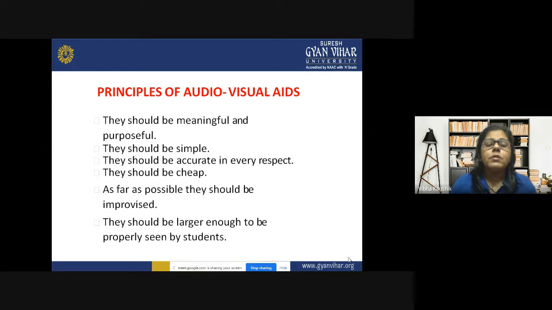They should be cheap, not too expensive. As far as possible, they should be improvised; they can be easily improvised. They should be large enough to be properly seen by students. The size of the teaching aid should be such that every student can easily see it.